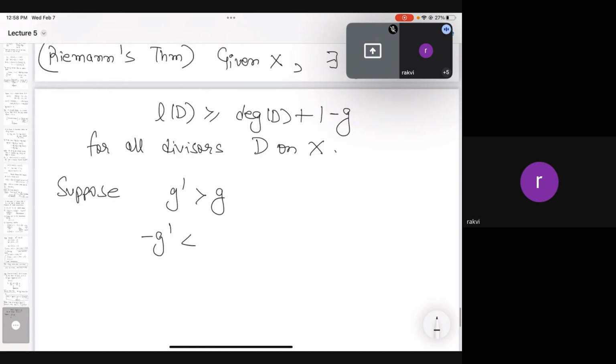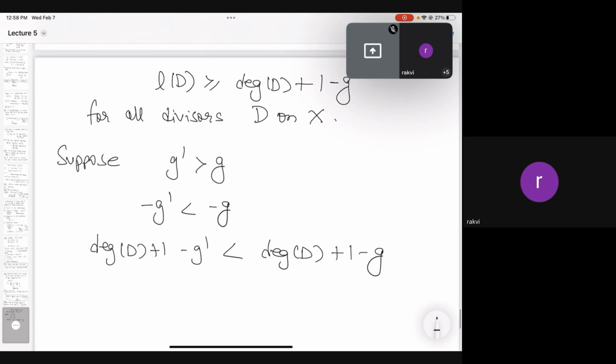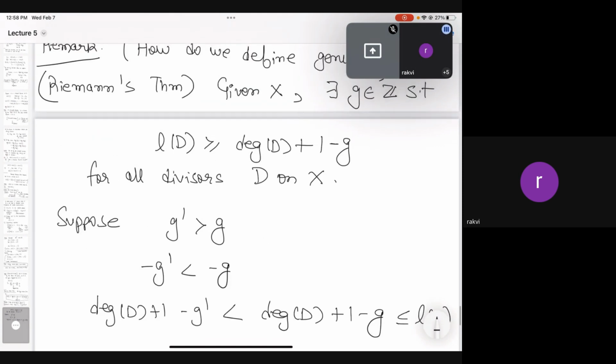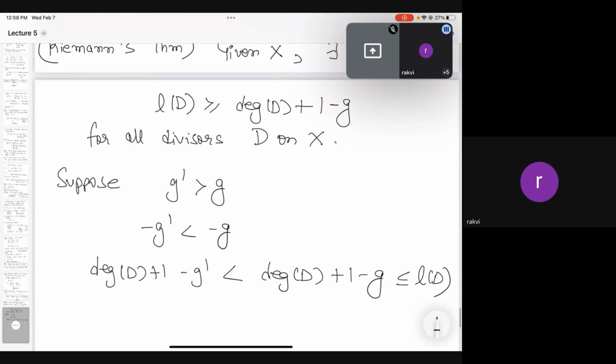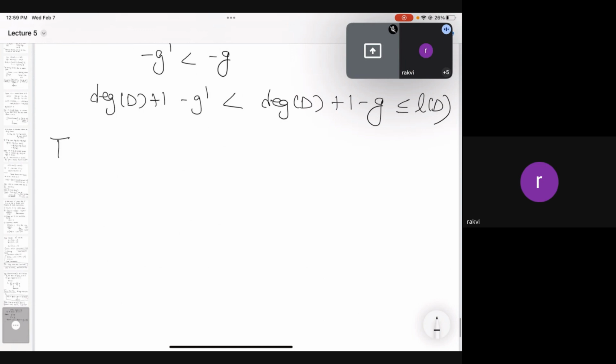Minus g prime would be less than minus g, and then degree D plus 1 minus g prime would still be less than degree D plus 1 minus g. And L of D is bigger than this, so L of D is obviously bigger than this one also. So if g satisfies this inequality, then every number bigger than g also satisfies this inequality. So the smallest such g is called g.